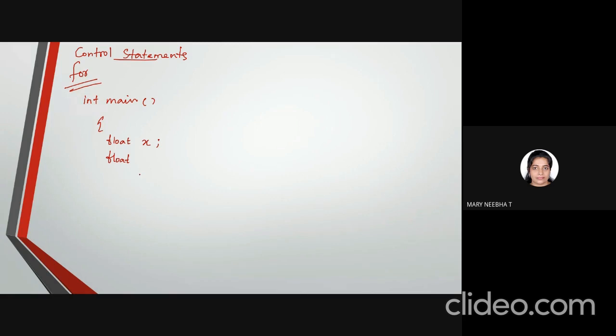So it is float, I'm taking sum. I want to find the average of n numbers, where n is the total numbers we have. So I have to declare one variable x or n, and to calculate the sum, I'm declaring one variable, sum. A for loop is nothing but for int i is equal to 1, which is the starting stage.